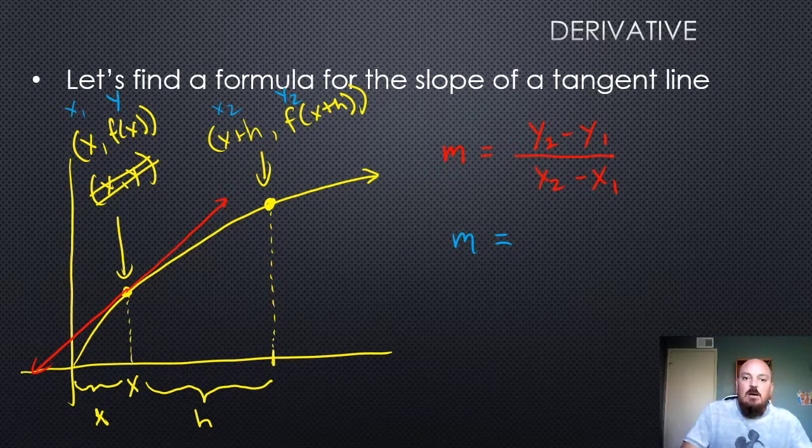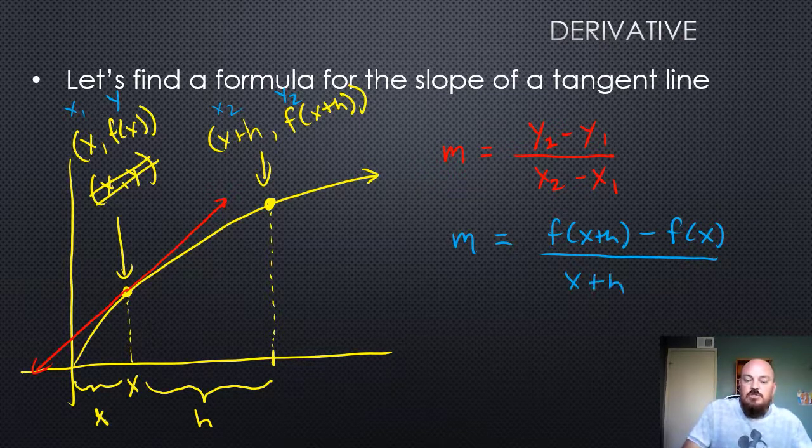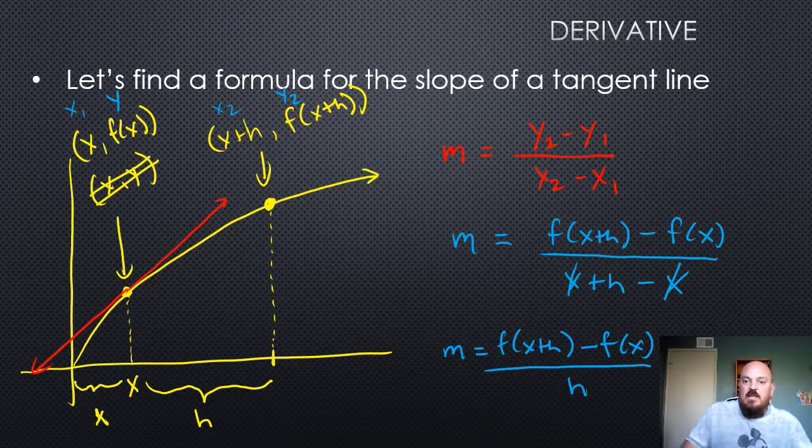On top, y2 is f of (x plus h) minus y1, f of x, over x2, which is x plus h, minus x1, which is just x. Now the only thing that cleans up a little bit is the denominator. I have a positive x and a negative x that will cancel. So the slope is f of (x plus h) minus f of x, all over just h.